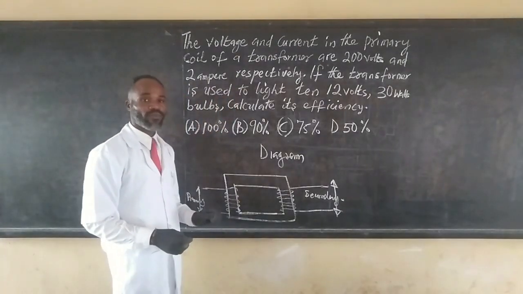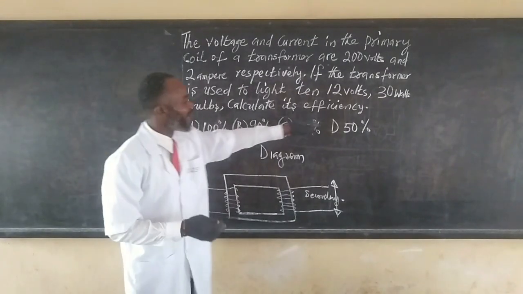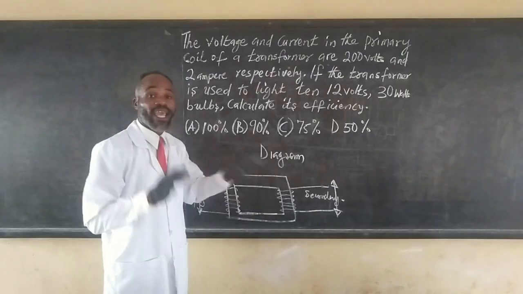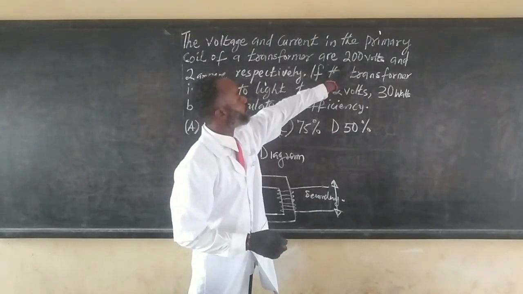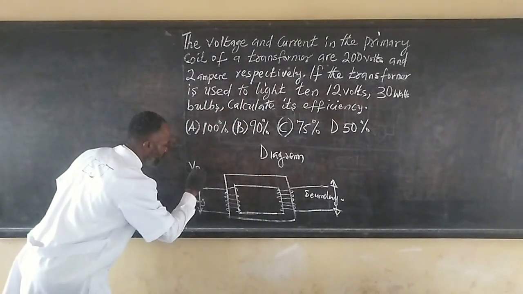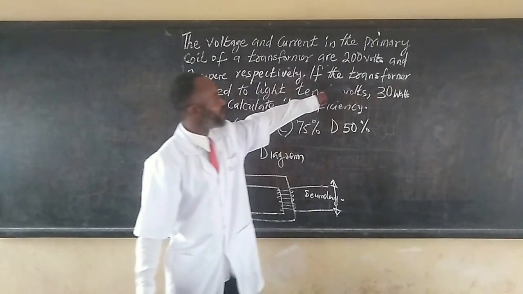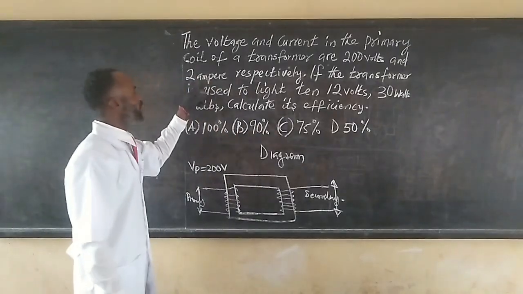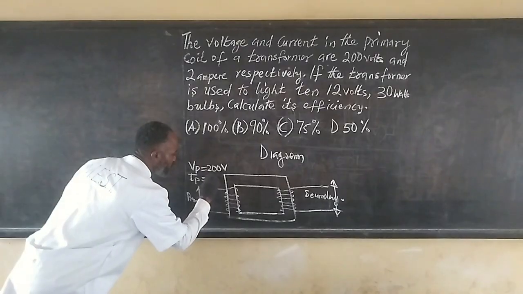So with this, the question is this: we are expected to calculate the efficiency of this transformer, especially when we have the primary voltage, VP, giving us 200 volts. That's this. IP, that is the primary current, is giving us 2 amps.